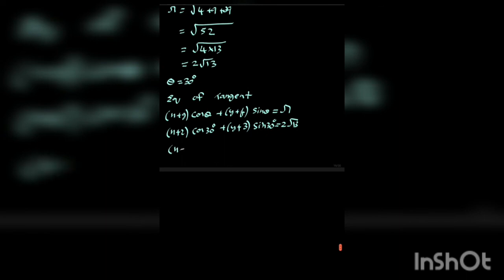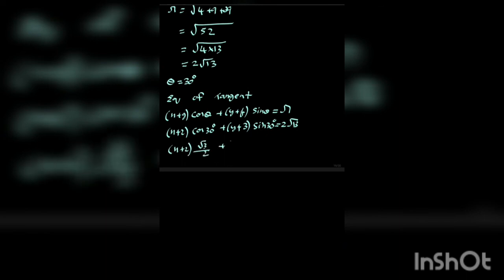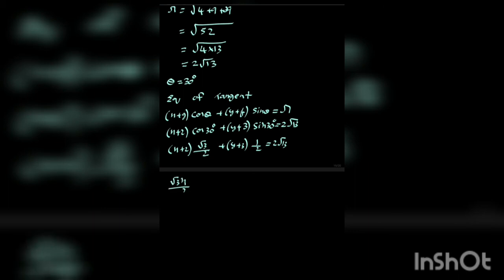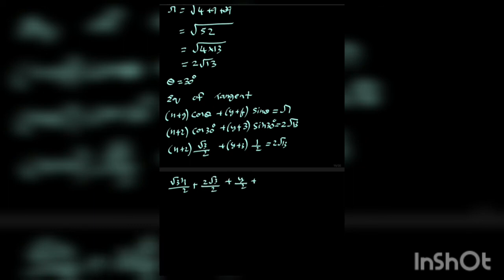So (x + 2) cos 30, root 3 by 2, plus (y + 3) sin 30, 1 by 2, is equal to 2 root 13. So root 3 x by 2 plus 2 root 3 by 2 plus y by 2 plus 3 by 2 is equal to 2 root 13.